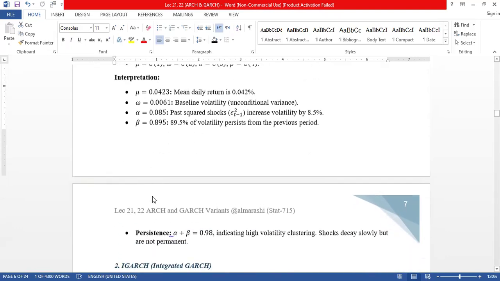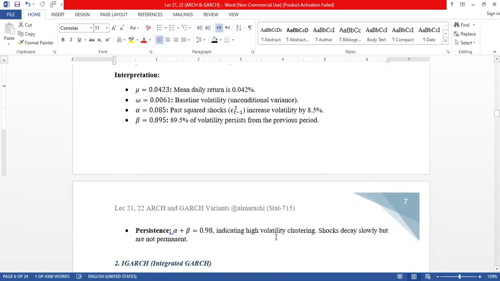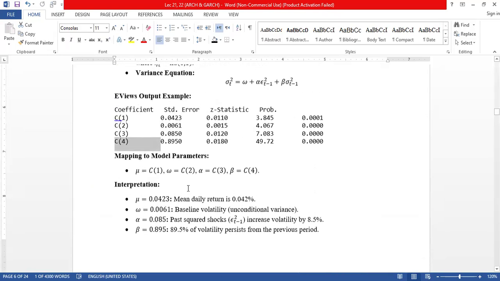If it is near to 1, this means high volatility clustering. Remember this. It shows shocks decay slowly but are not permanent. In the shocks, the volatility is going to decay but very slowly. So there is a persistence of volatility in the series.